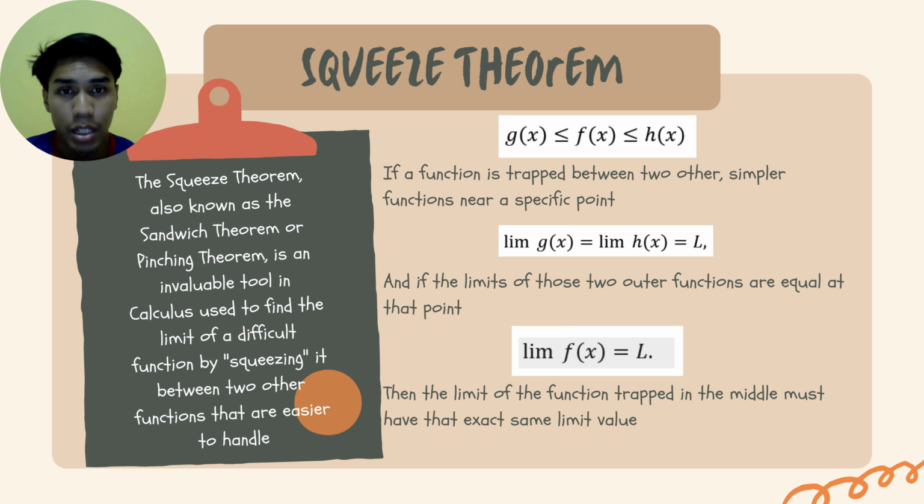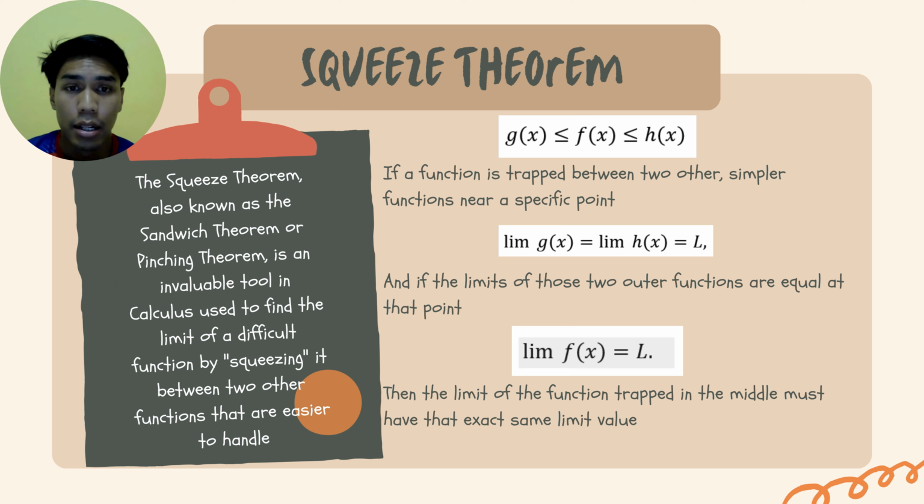For example, g of x is less than or equal to f of x, which is less than or equal to h of x. The function is trapped between two other, simpler functions near specific points.